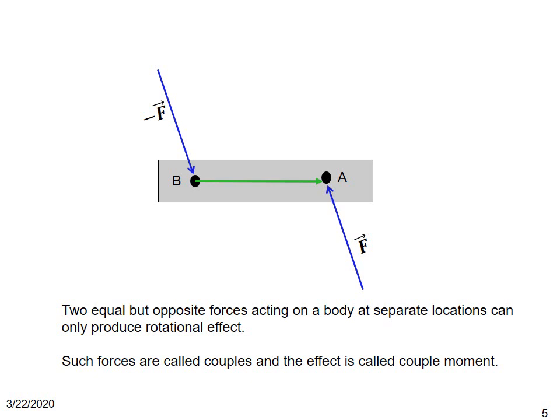Also note that for couple forces like this, the net force will be zero. So we can expect only the rotational effect on this object because of this force configuration.